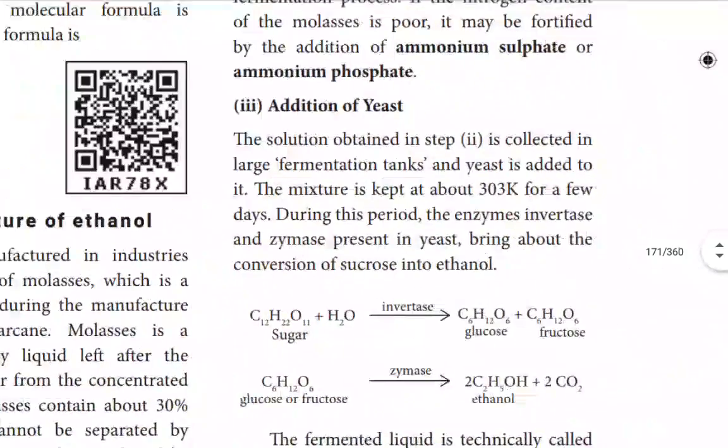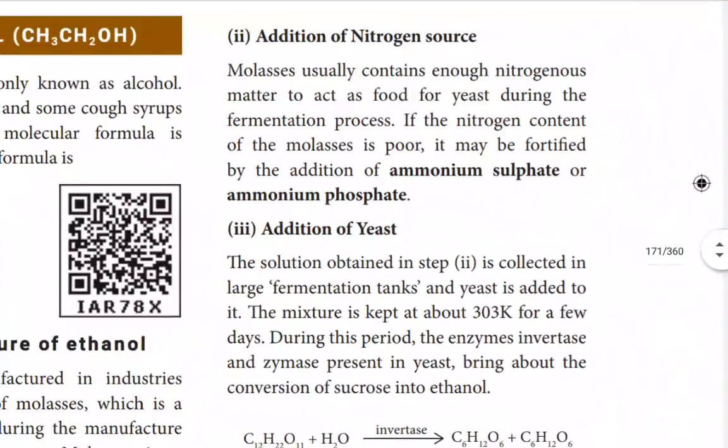Then second step, see, addition of nitrogen sources. Molasses usually contain enough nitrogenous matter to act as food for yeast during the fermentation process. So the yeast absorbs the nitrogen matter, which is food for yeast.